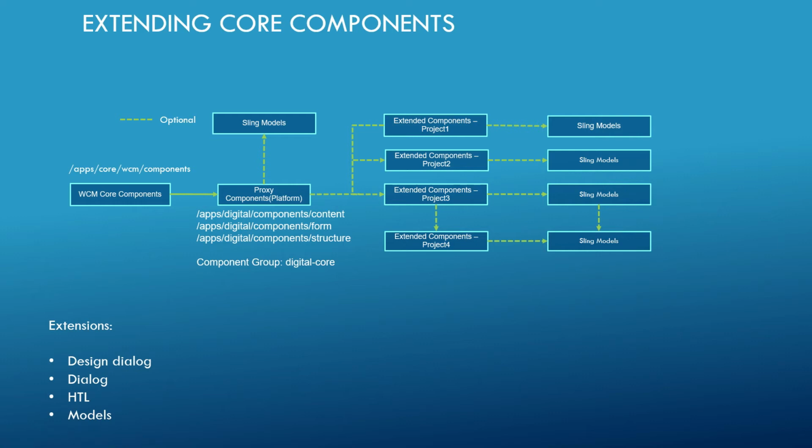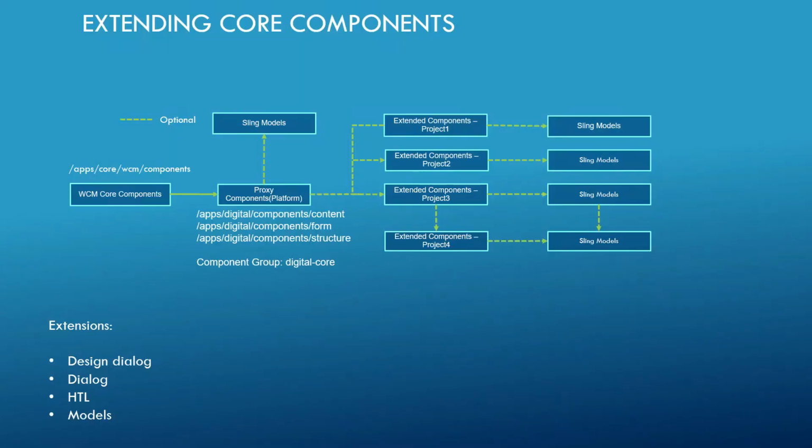One is the design dialog, we can extend, then dialog, then HTL, then models. So based on our requirement, in some cases we may need to extend the complete component, so we can't use the same component. So in that case, either you create a custom one or create a copy of the component, or a proxy, then extend all the parts: the design dialog, HTL, and models.